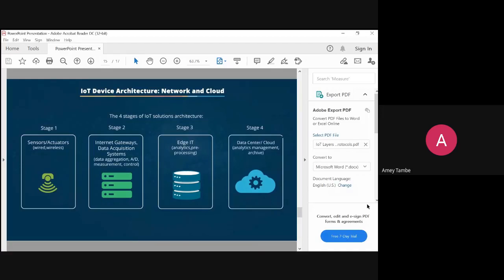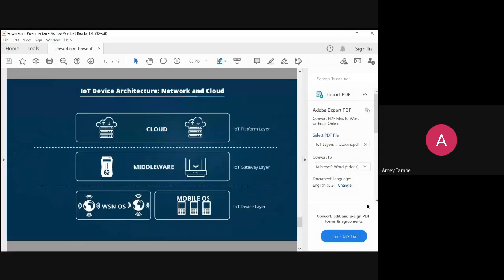All these things can happen on stage 2, and finally on stage 3 we can have the edge IT pre-processing, and the application can be deployed on the fourth stage in the data center. That way we can have a better deployment.